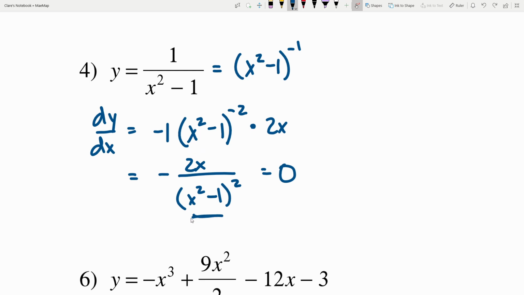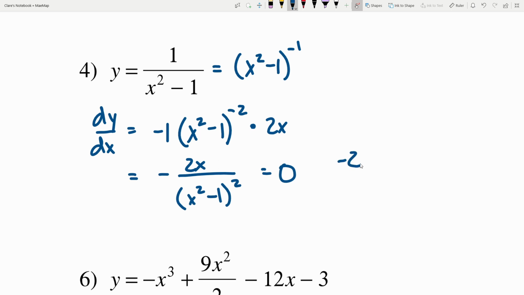We just have to double check that it doesn't make the denominator equal to 0. Because if the denominator is equal to 0, then our slope is technically undefined, which is a vertical tangent line. But we care about when this numerator is 0 because that gives us an overall number that's 0, which will be a horizontal tangent line.